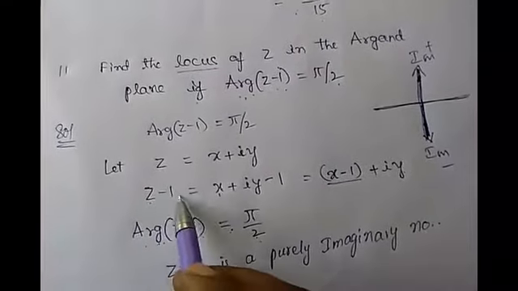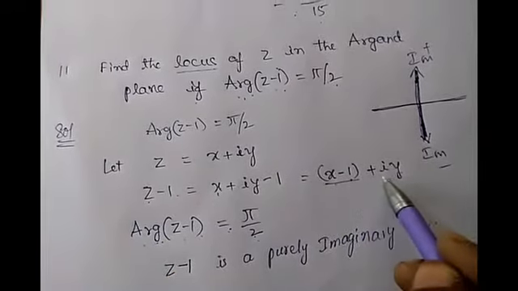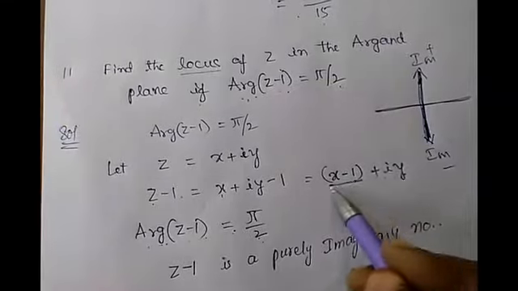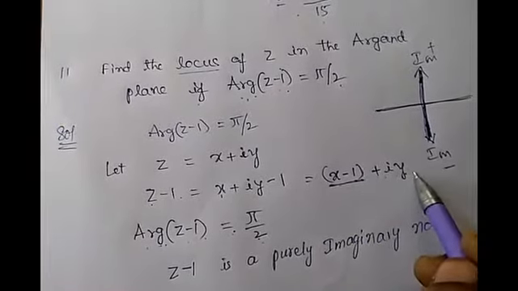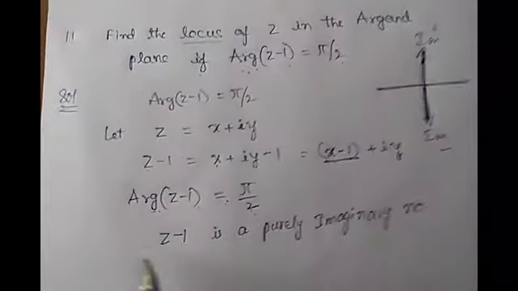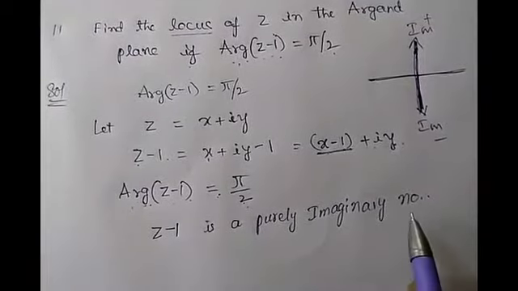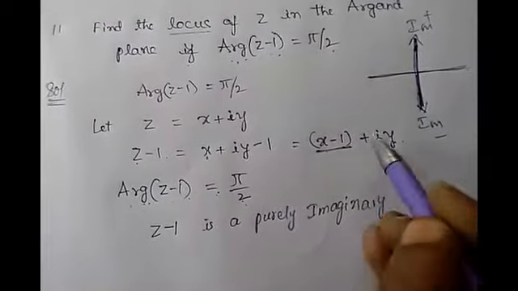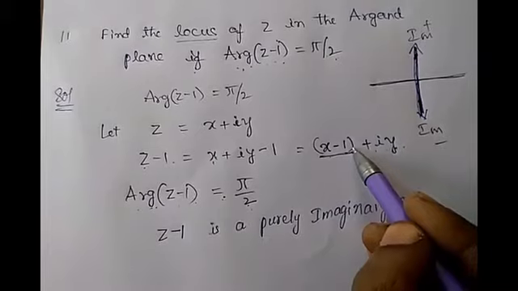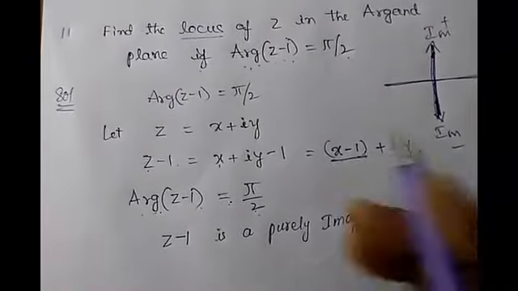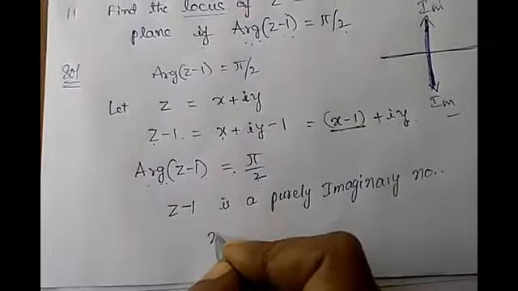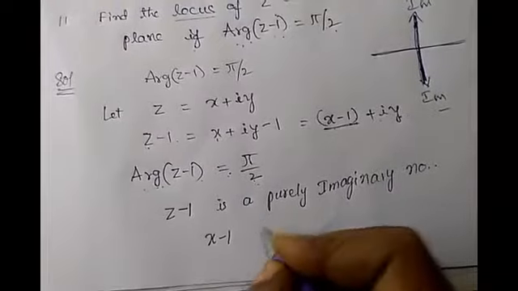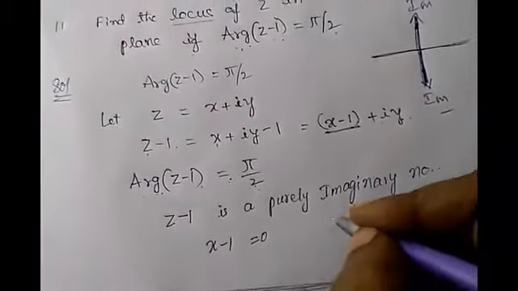Here we are having Z minus 1 is equal to x minus 1 plus iy. This is the real part, this is the imaginary part. Z minus 1 is a purely imaginary number means the real part of this Z minus 1 must be 0. So x minus 1 equal to 0.